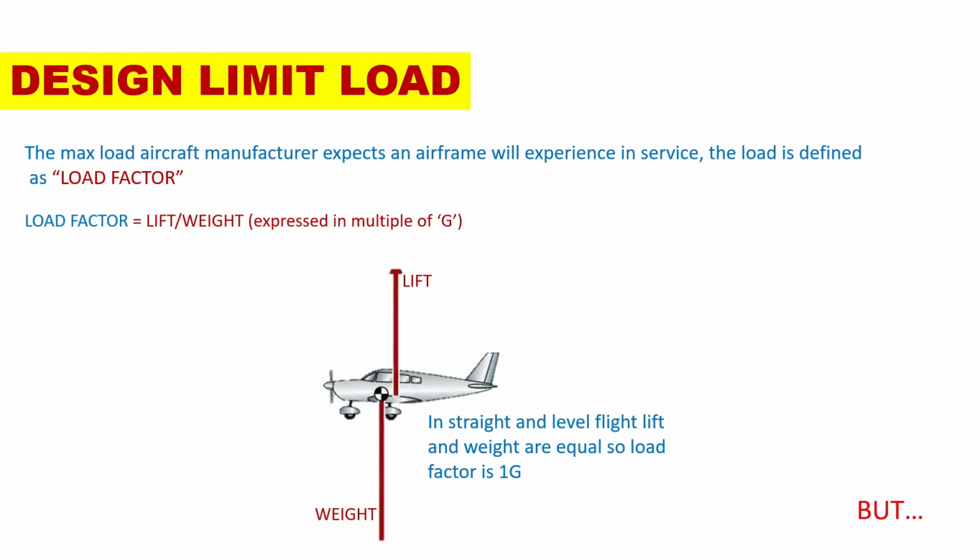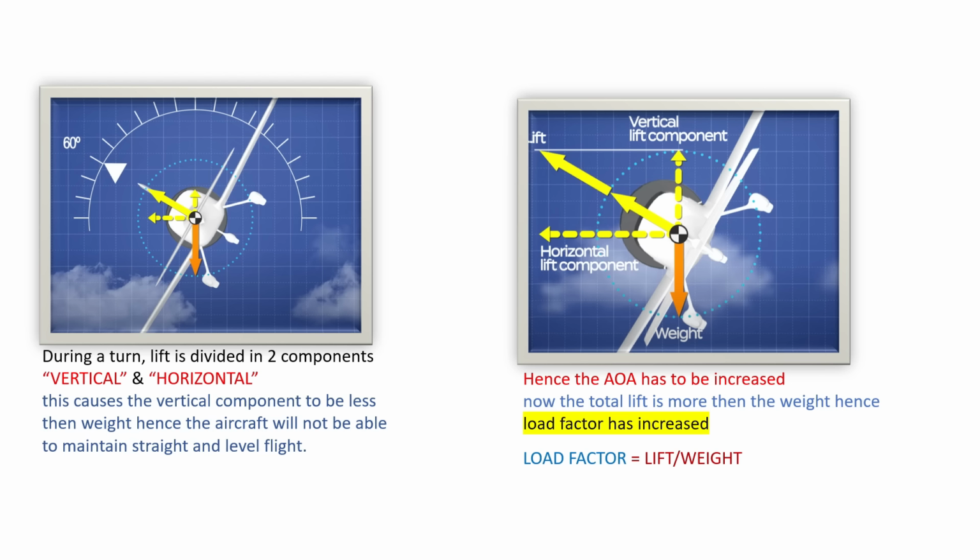This always happens: whenever you tilt a vertical force, it will be experienced in the vertical and horizontal planes. This is exactly what is happening with our lift. It was a vertical force which is now tilted, so it will act in both the vertical and horizontal planes.